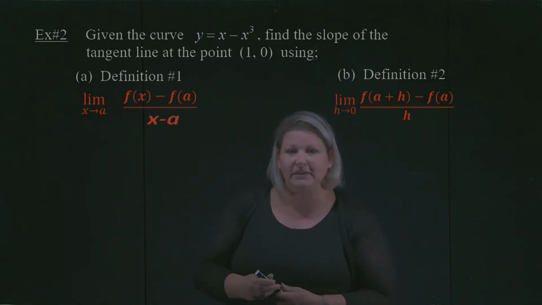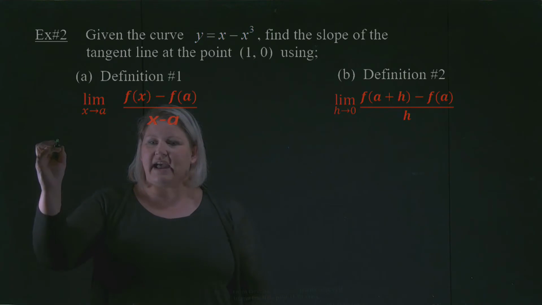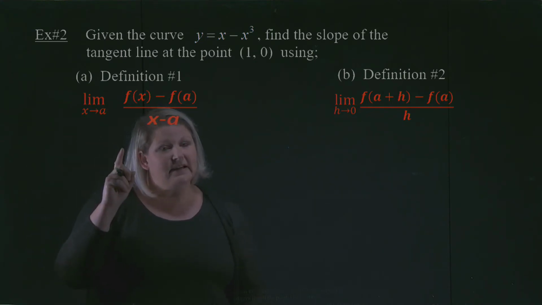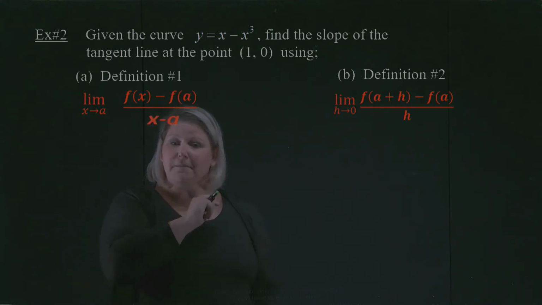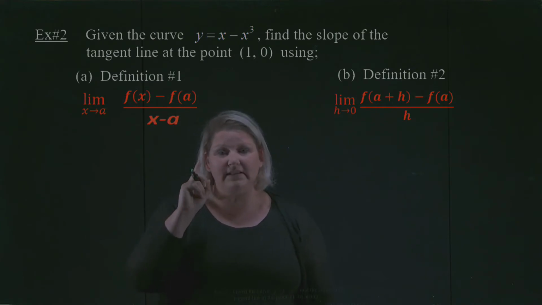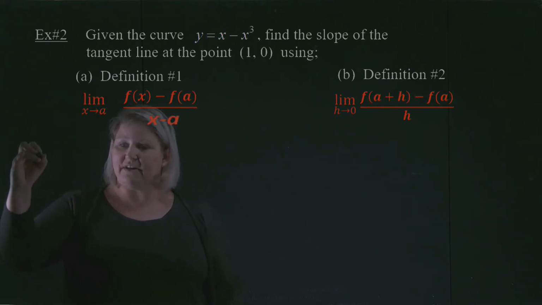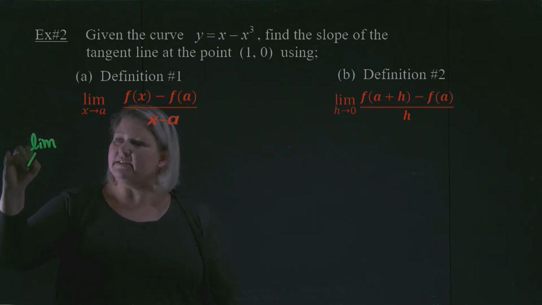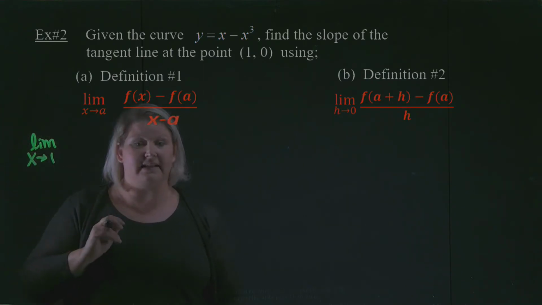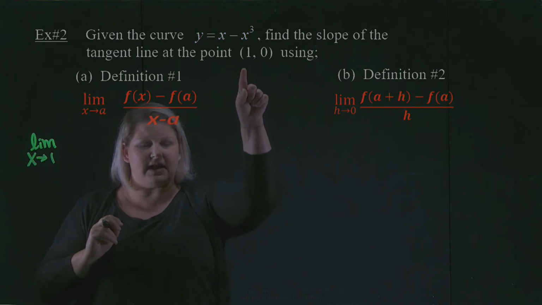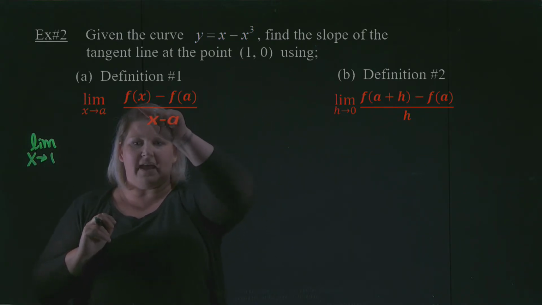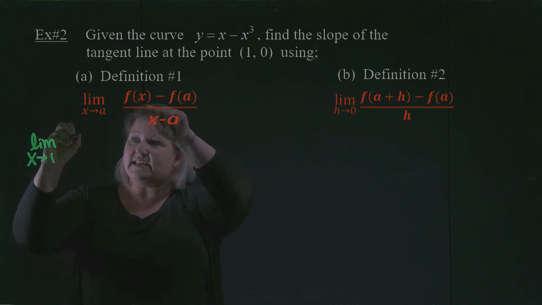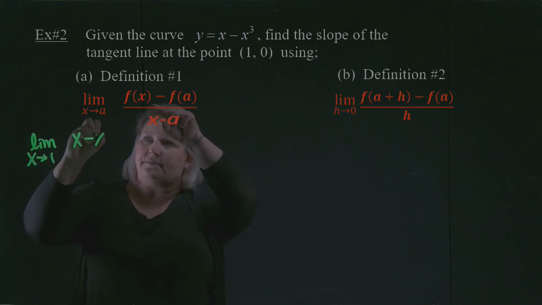All right, let's try it with the first way. Okay, I've got the curve f(x) = x minus x cubed, and I want to find the slope of the tangent line at the point (1, 0). Using definition number 1, I've got the limit as x approaches 1, because that's my a value. The a value is the x coordinate, of f of x. f of x is the equation.